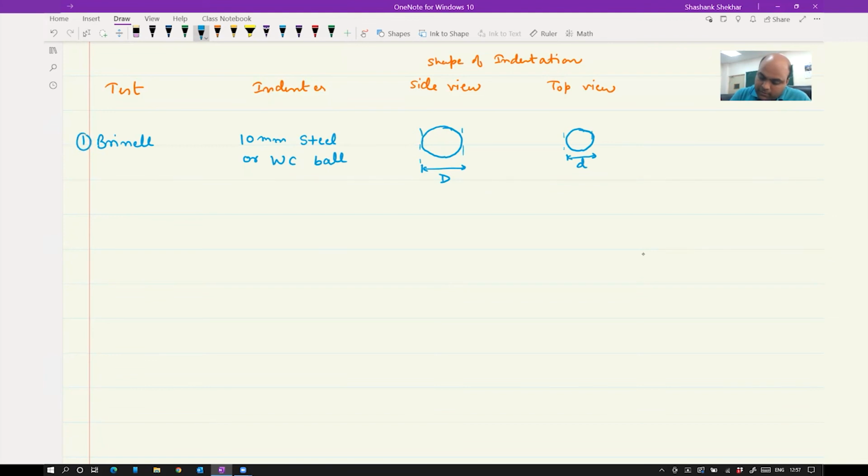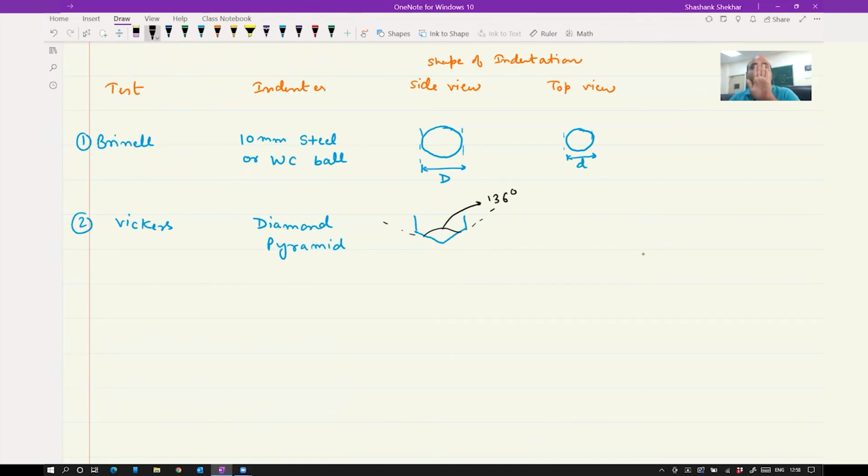So this is one. Second is your Vickers. Here we are using a diamond pyramid, and that was a 136-degree angle, if you remember. So this particular angle here is 136 degrees.